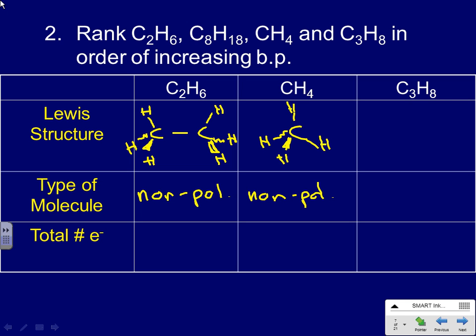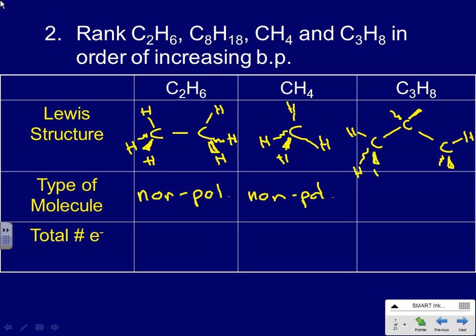Now, C3H8 is kind of a pain, but it can kind of be done a little bit. The way you do it is you put those on an angle like this, which means then you have one sticking out in front and one going in behind. And here again, you've got one out here, H, one sticking out, one going behind, and then an H out here, one sticking out, one going behind.